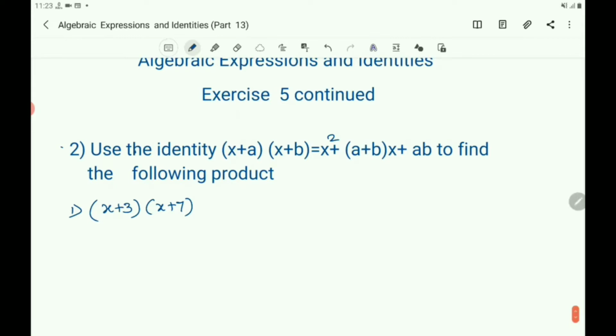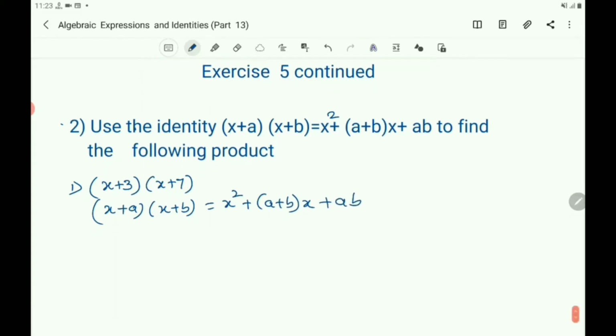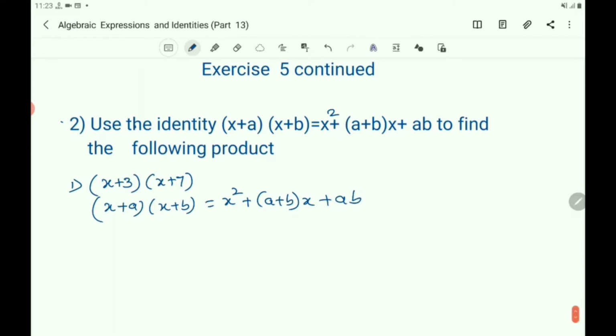Now you write the identity (x + a)(x + b) = x² + (a + b)x + ab, and you write (x + 3)(x + 7).